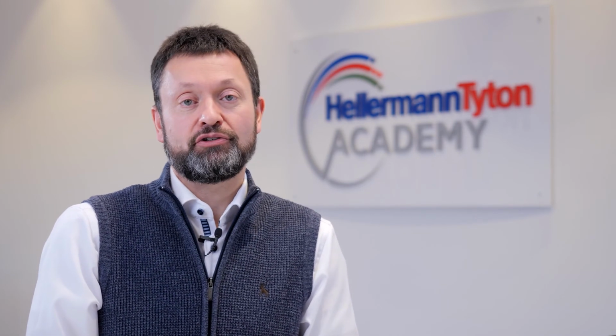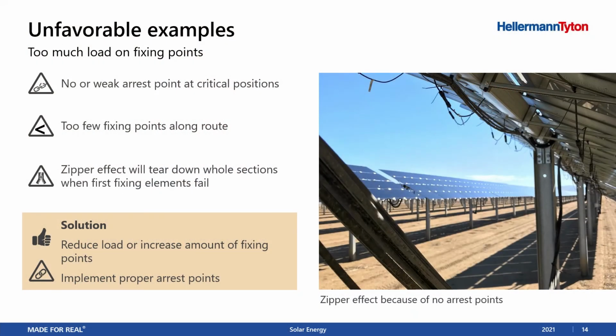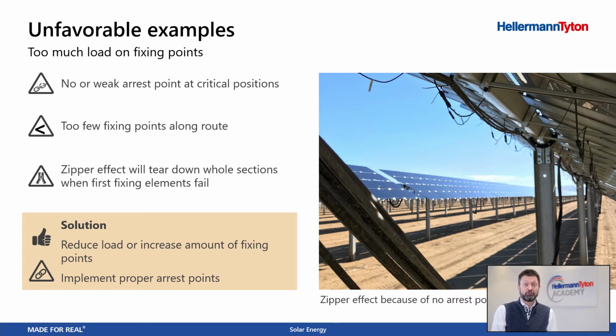This picture here shows you what happens when the load on cables has been too high. There have not been any arrest points used, so once the first connection failed, the load of the cables is adding to the load, and like a zipper, all of them are falling down over the length of the cable.